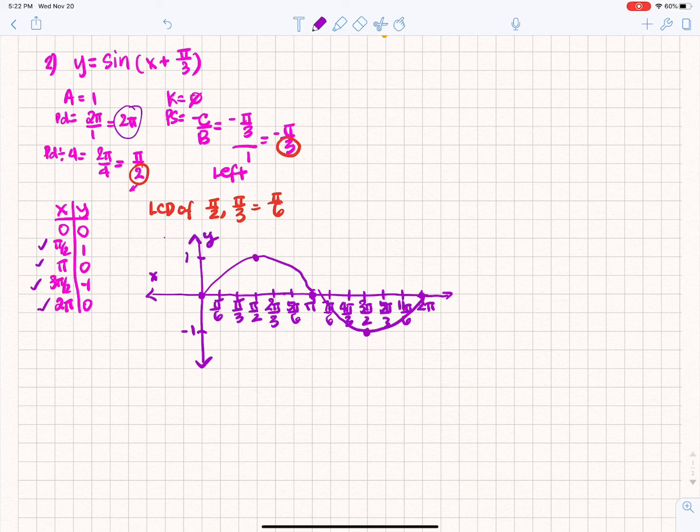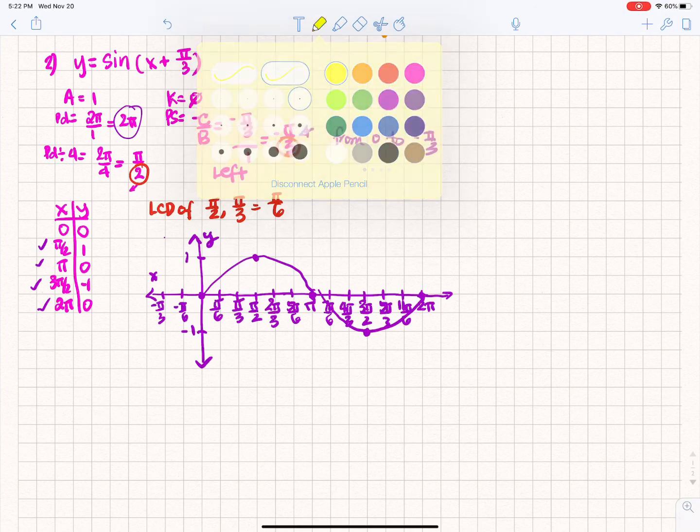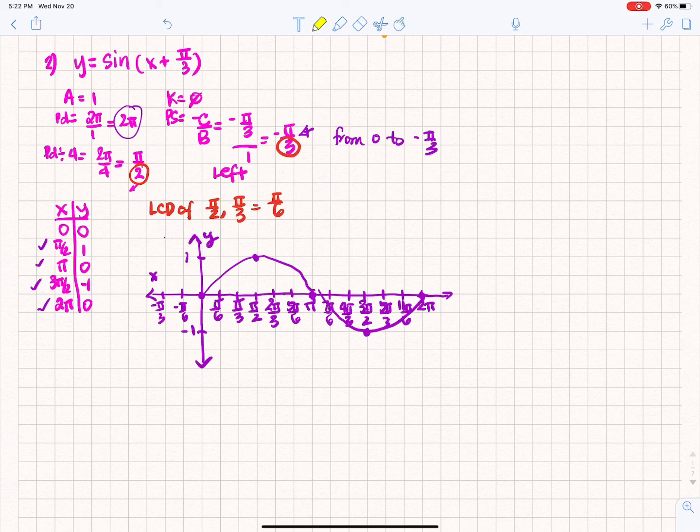Now, we're going to shift the graph left. But how many times to the left? We're going to shift negative pi over 3, so we need to have some labels on the left side. The first one is negative pi over 6, negative pi over 3. From 0 to negative pi over 3, how many times do we go? 2 times to the left.